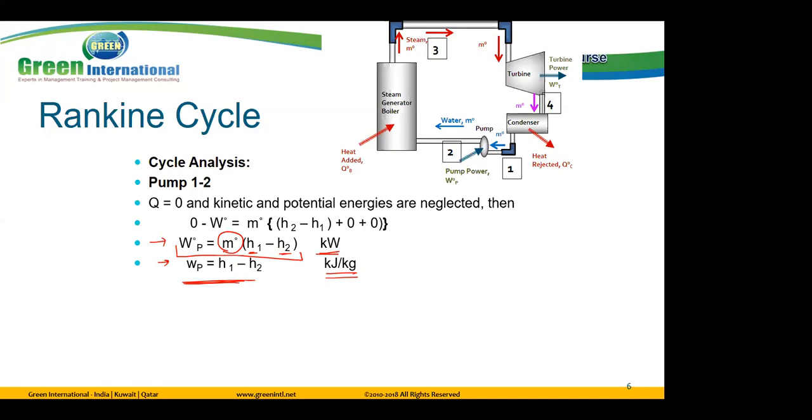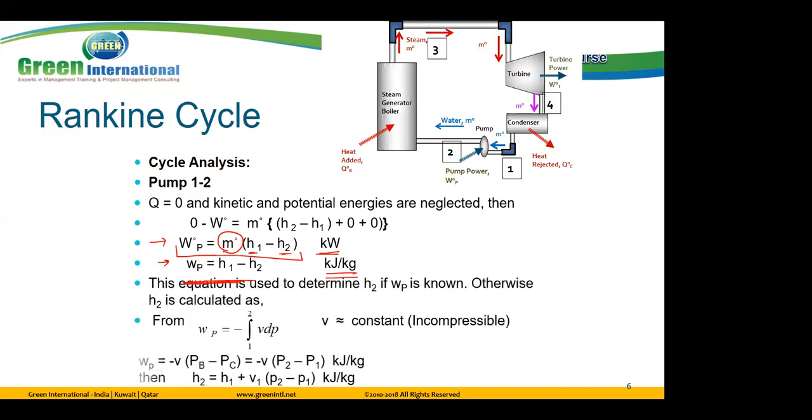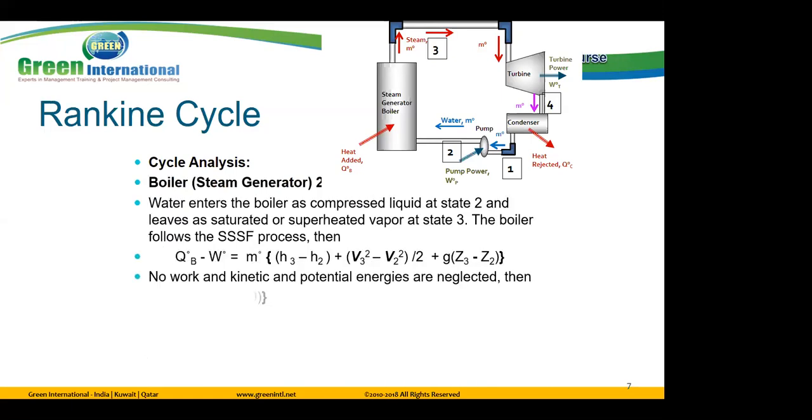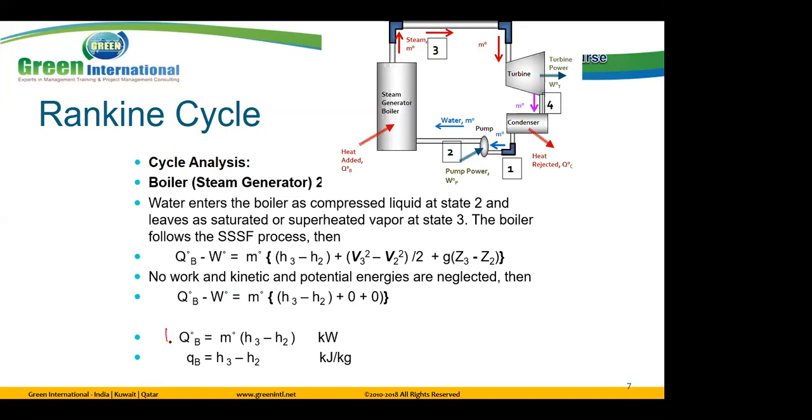We apply the same equation for all elements one by one. Next one, for example, the boiler. At the end, we found the final equation for the boiler. It is all the same, only H1 and H2 differ.